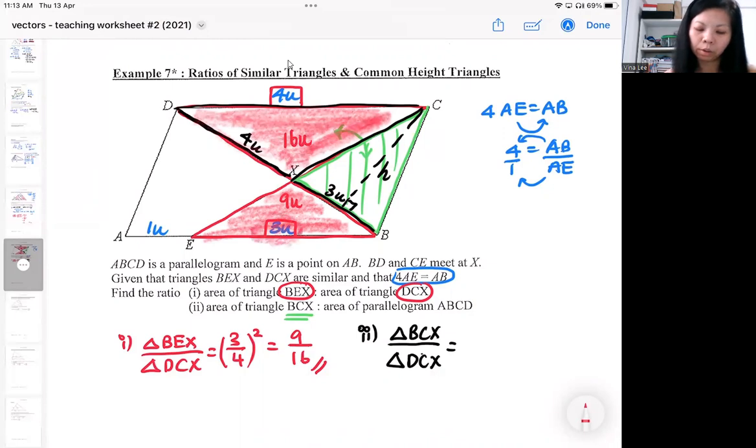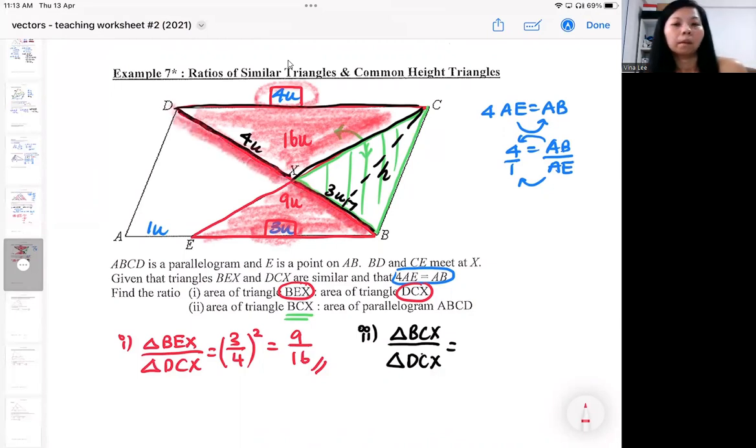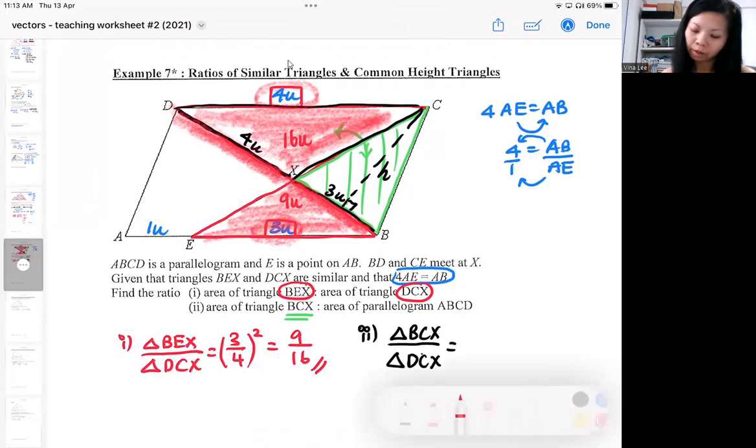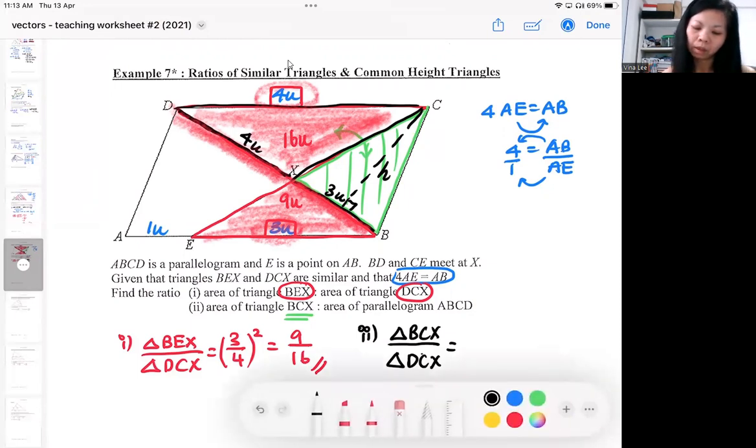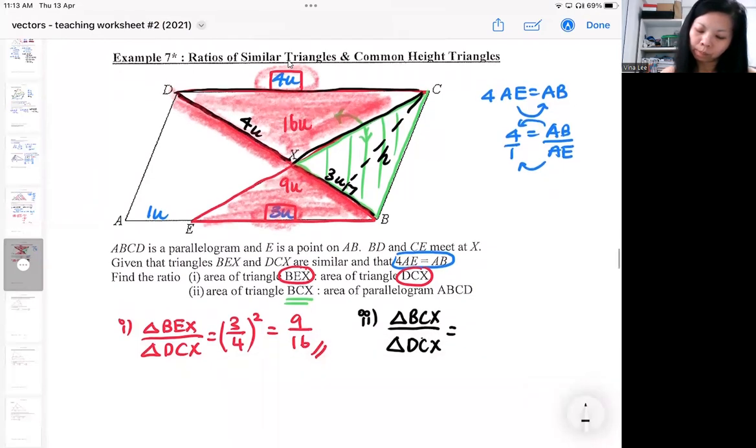So the base is 3 units and 4 units, and the side will also be 3 units and 4 units. The sides happen to be the bases of these two triangles. So in fact, these two are similar common height triangles, so the area ratio is the base ratio.